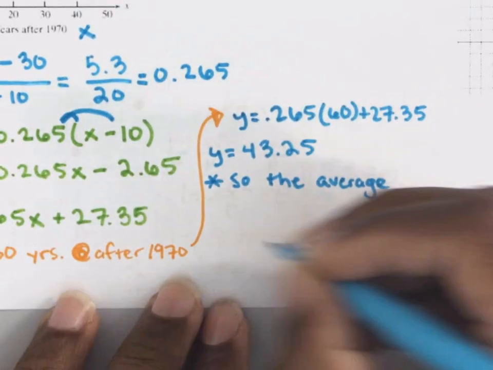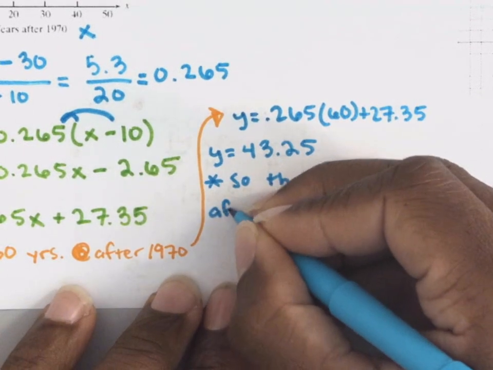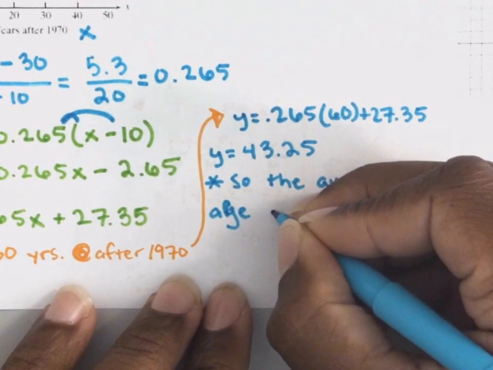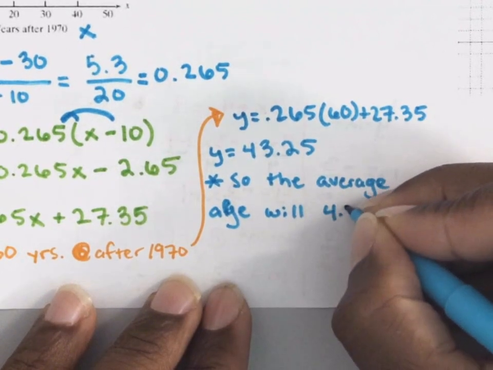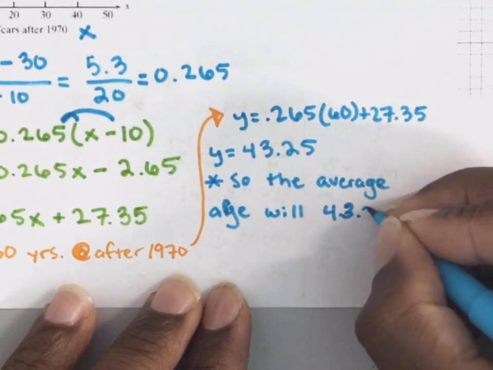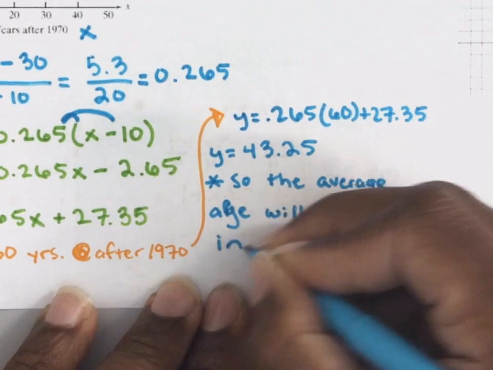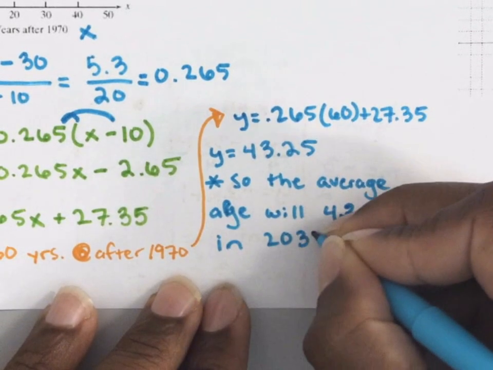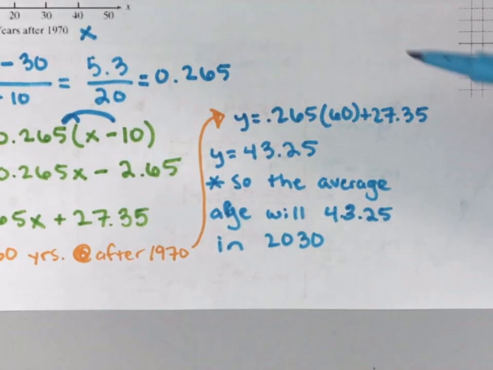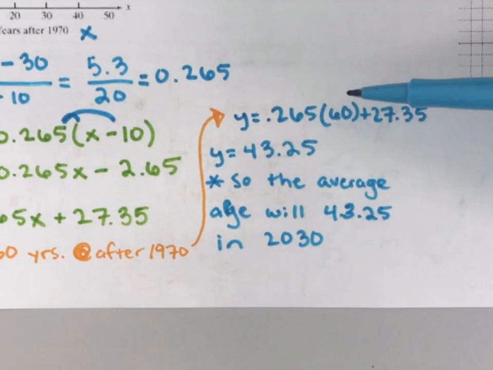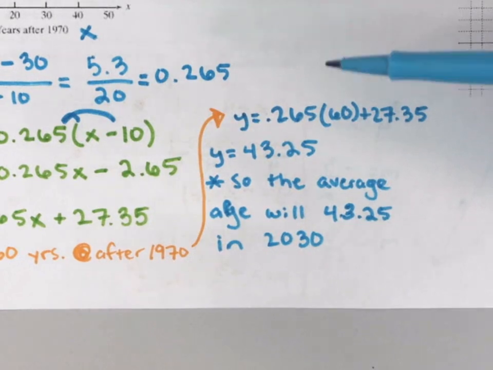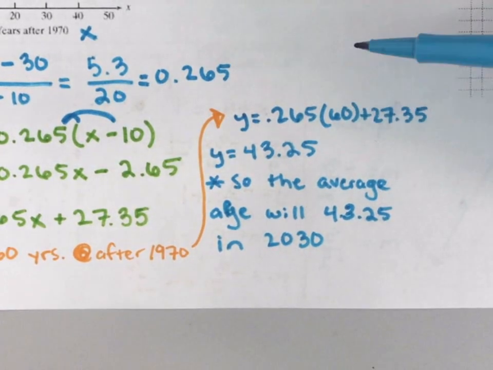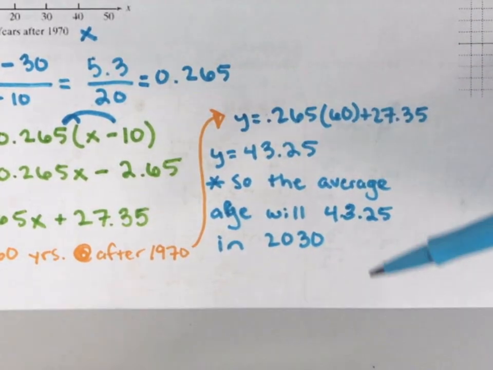So just to summarize, the average age will be 43.25 in 2030. So you could use this to find 2040, 2045, 2047. You just plug in the appropriate year, you get out the median age.